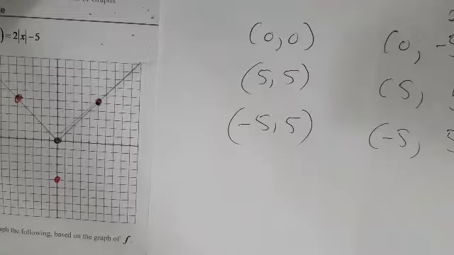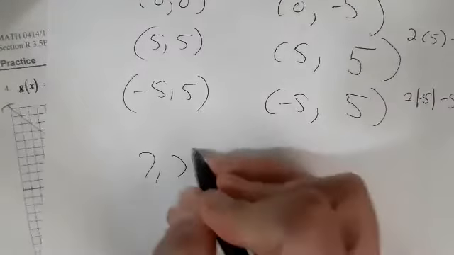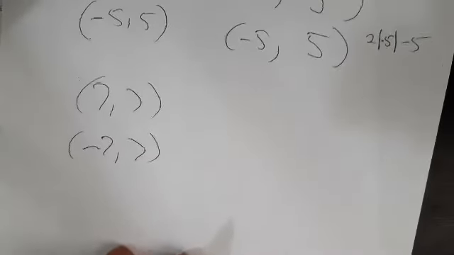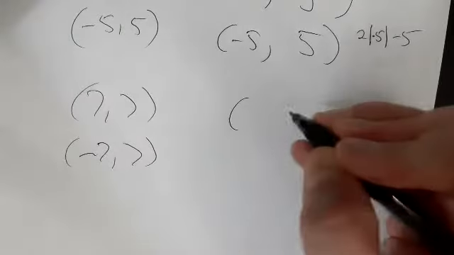Okay, so it might be beneficial to grab 2 more points just to look at this beyond 5, because it looks like they're going through each other at 5 maybe. So let's go (7, 7) and (-7, 7) are points on my graph. So if I do 2 times 7 gives me 14, minus 5 gives me 9.